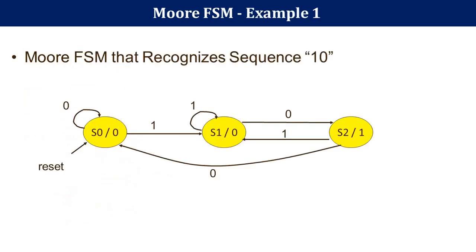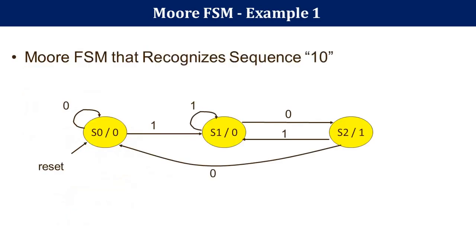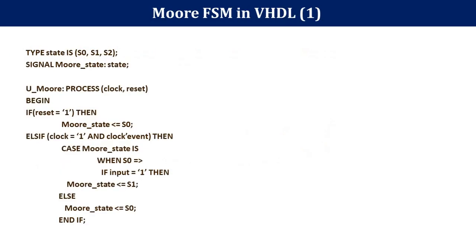Once you have written the library declaration and entity declaration, after the architecture you have to declare the type state. How many states are present in the given state diagram? There are 3 states, S0, S1, S2. Hence after the architecture you have to declare type state is S0, S1, S2 semicolon.